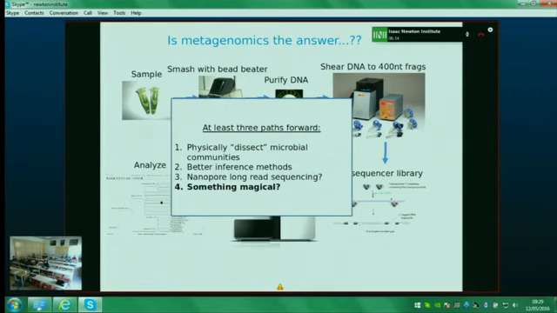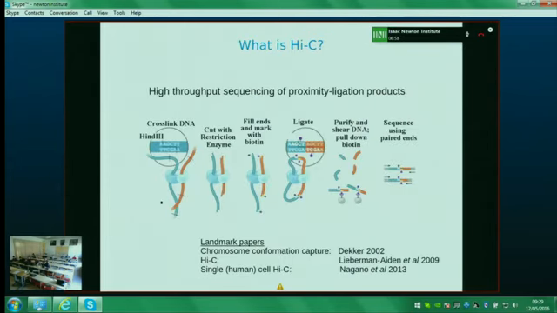And so it would be nice if we could change the lab sample processing side just a little bit to give us a bit of extra information or a few more hints about how this genetic information was actually structured in the environment. And so I really like talking about different ways that we can do this. There's a number of approaches I think that could be viable, but the one I want to talk about today is something called High-C.